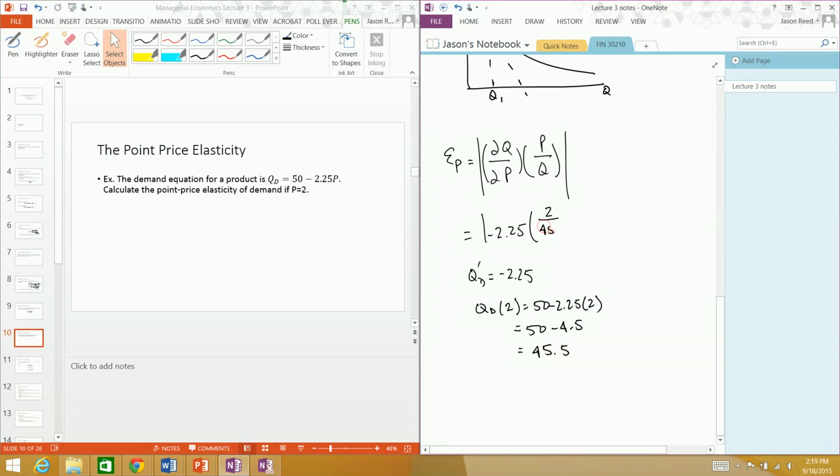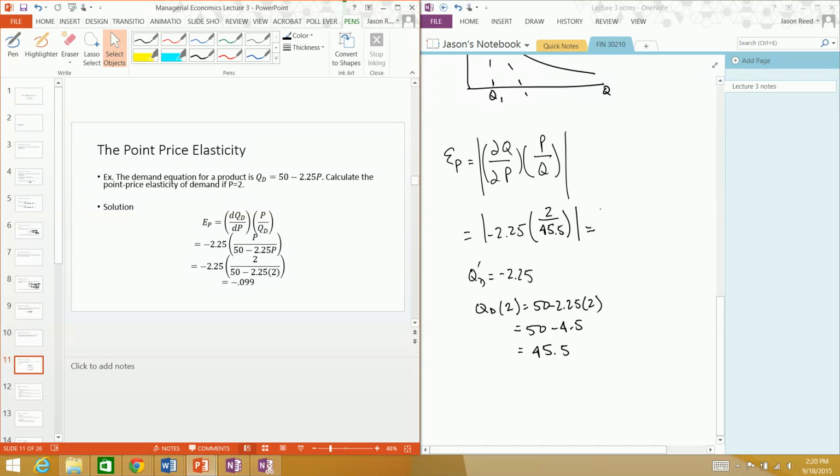So we plug that in here, and then we're able to solve this down so that we get 0.099. Now, back in the slides, something that we didn't account for, but we have to, is taking the absolute value. So we want to do that in our slides here.